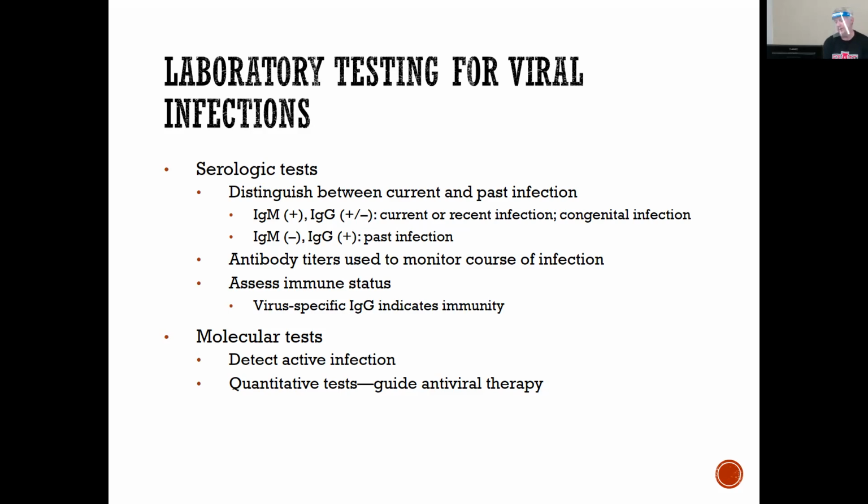If IgM positive and IgG negative, definitely a current infection. And then what they give you the out with is saying if IgG is present, that may indicate a recent infection, right? That you're kind of getting over it, but you definitely have it.